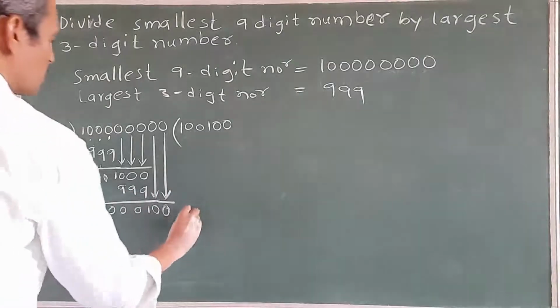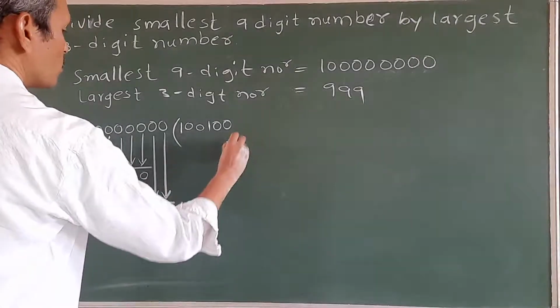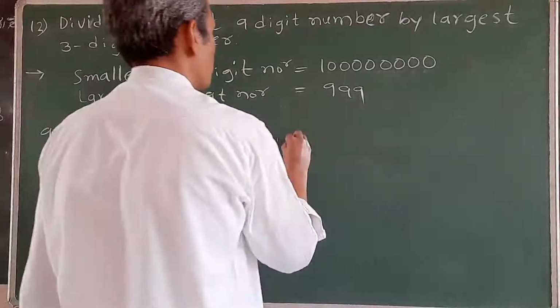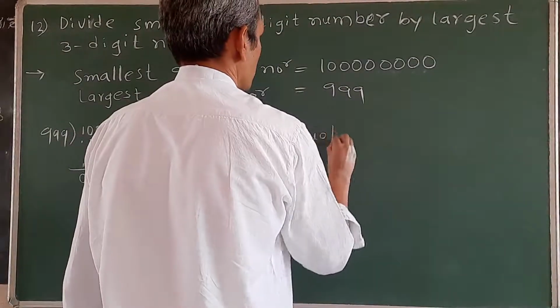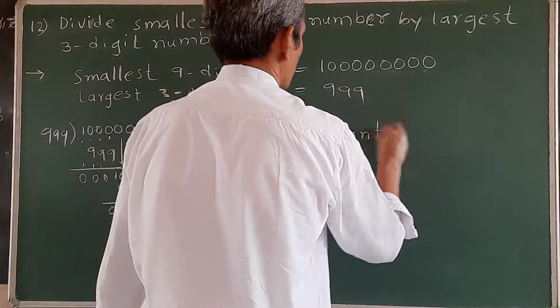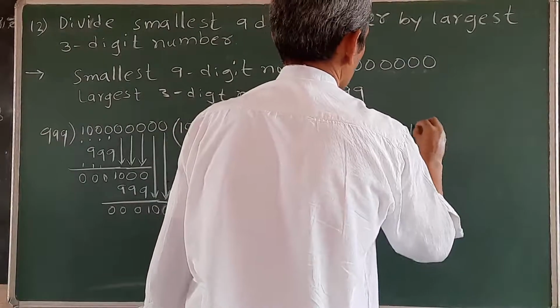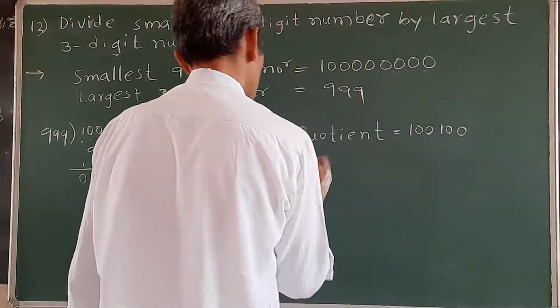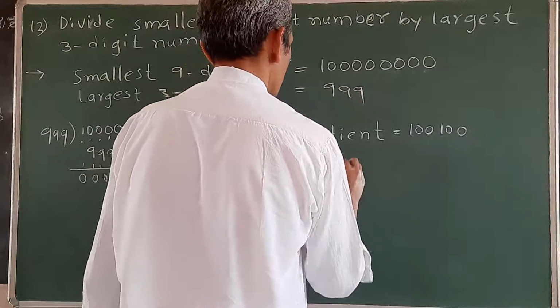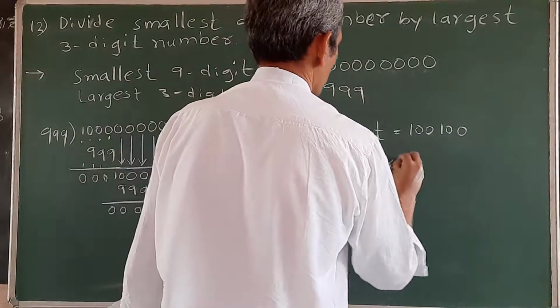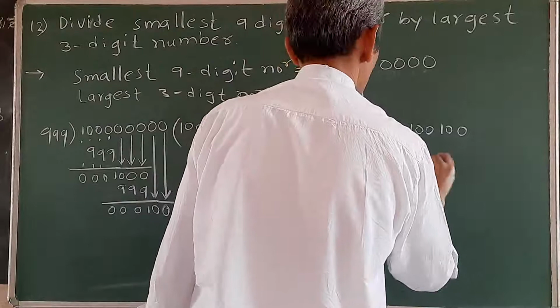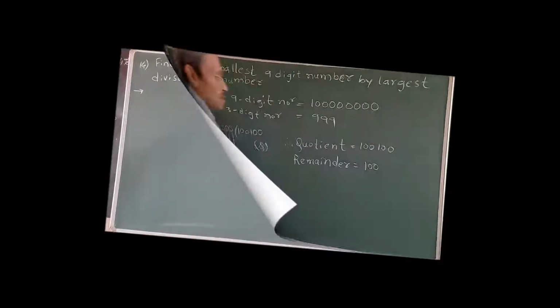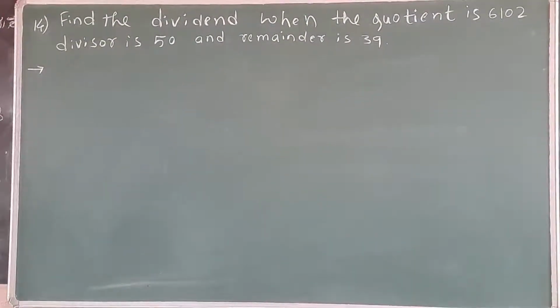So this is the remainder, and this one is the quotient. Therefore quotient is and remainder is 100.